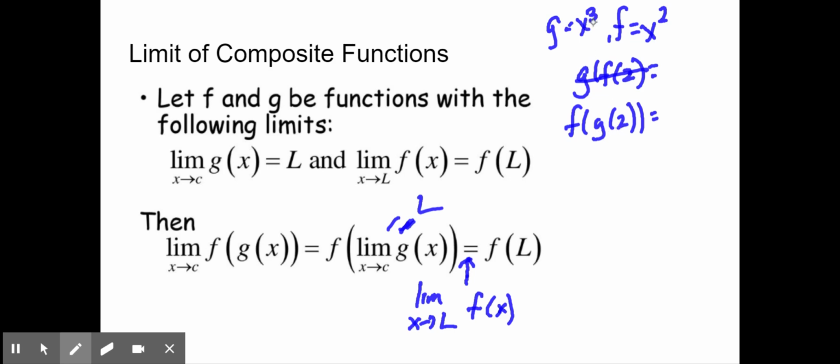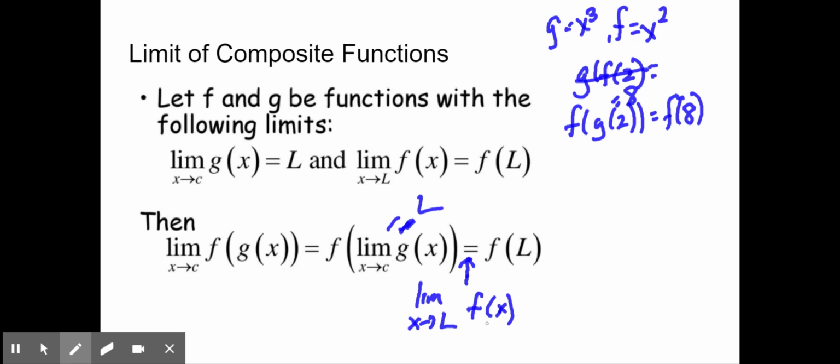We got 8, right? And then after we got 8, we calculated f of 8. So really what's happening is 8 is now the x value. Well, in our case, we're talking about limits, so the x value is what you're actually approaching. So I'm approaching L. So x approaches L of f of x. The question is, what do you get?